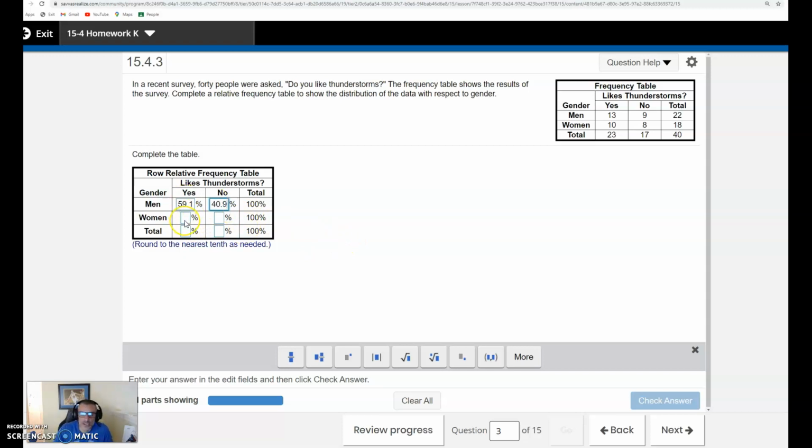All right, let's look at the women here. So what percent of women like thunderstorms? Well, there were 10 that like thunderstorms out of a total of 18 women. So I would do 10 divided by 18 times 100.